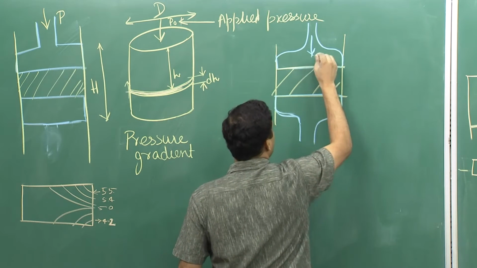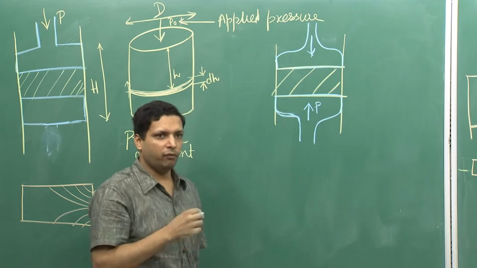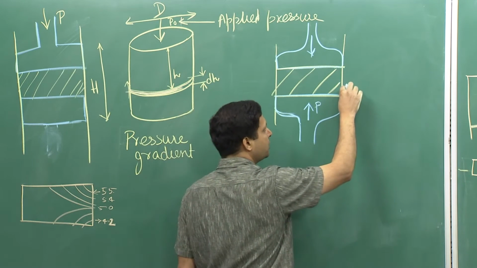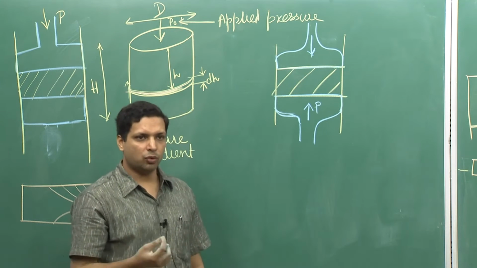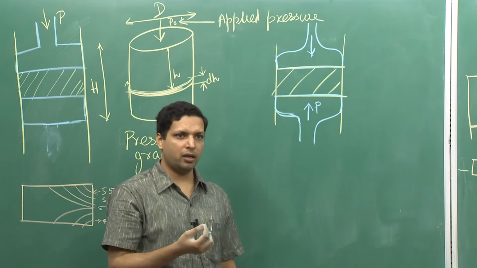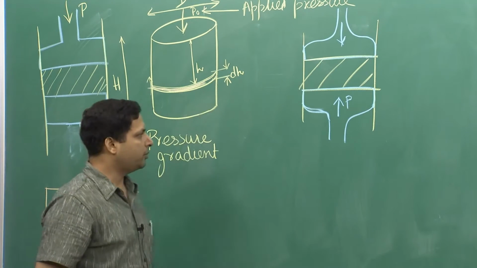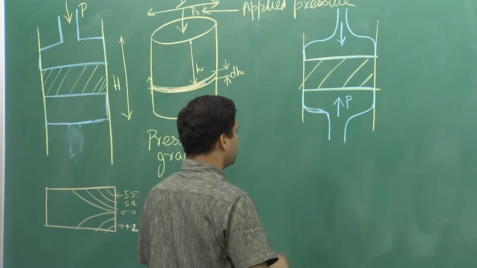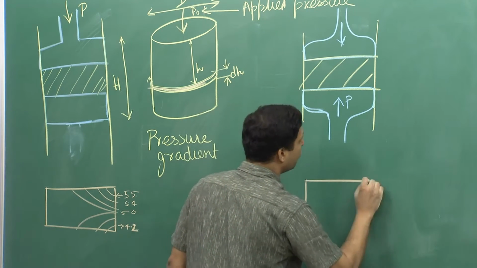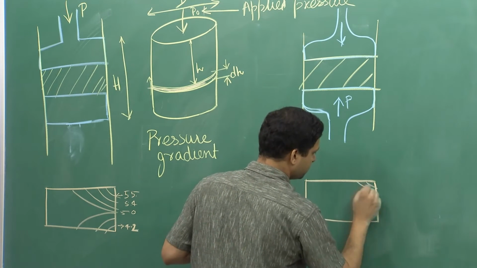You will have this piston moving in, and this piston moving in, and therefore the relative motion of the particles becomes smaller, so the overall average movement of the particles is smaller, and hence the friction faced by them would be smaller. And if you look at the density distribution for this, it may look something like this.